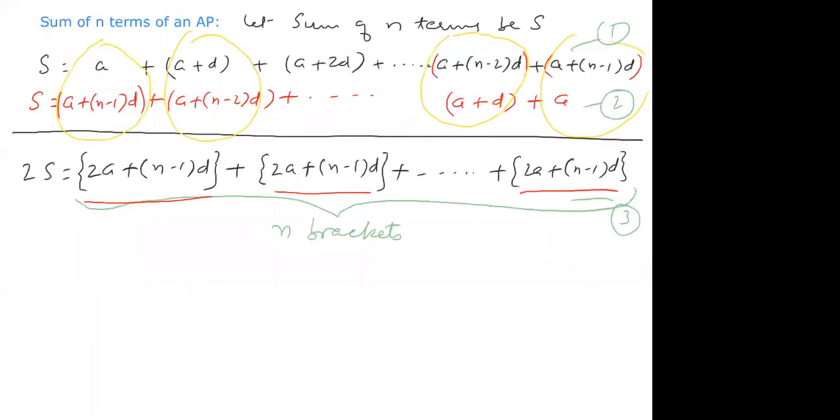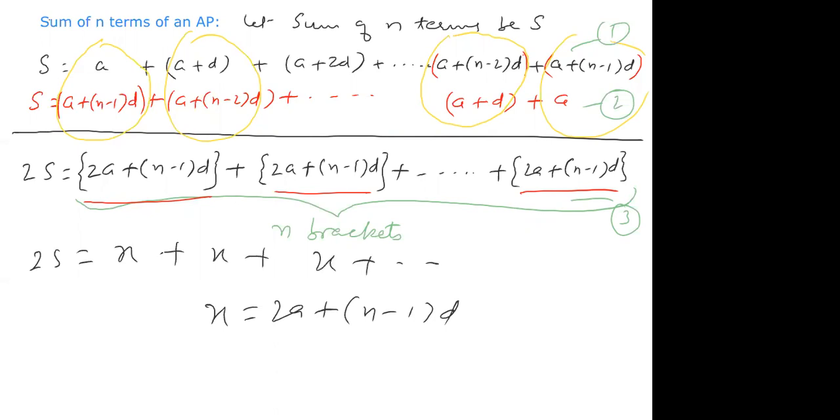So the same thing I am doing here. Every bracket, if you see here, every bracket is x. You can consider x is equal to 2a plus n minus 1 into d. So 2s is equal to x plus x plus x plus x plus x. How many times? n times.